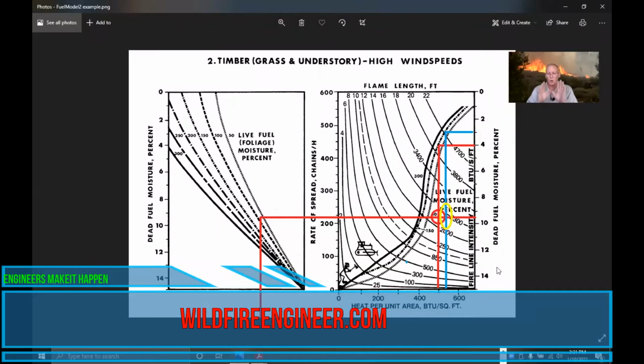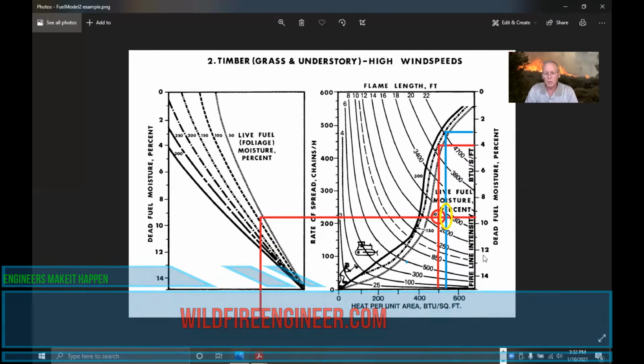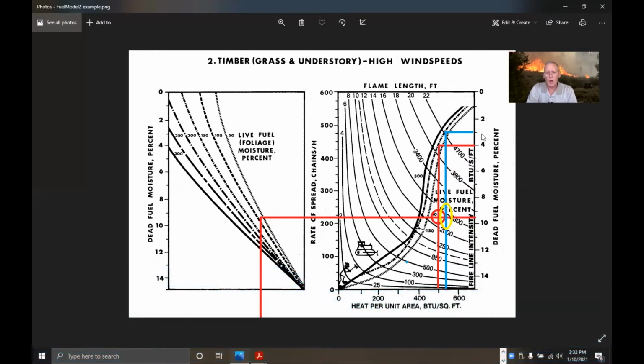In the booklet, you can download this from my website, wildfireengineer.com. So here's the nomogram from S490. I was on the Wildfire Learning Portal, looking at this and following along with the guys doing it in that classroom, and I thought this is kind of an interesting concept.